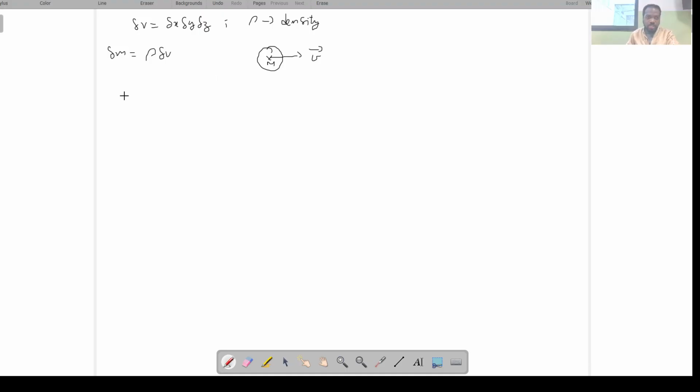We can write that delta m times acceleration equals the sum of forces acting on this fluid element.